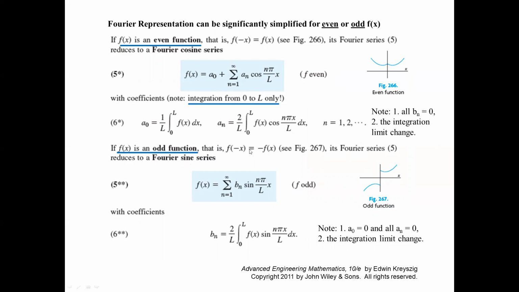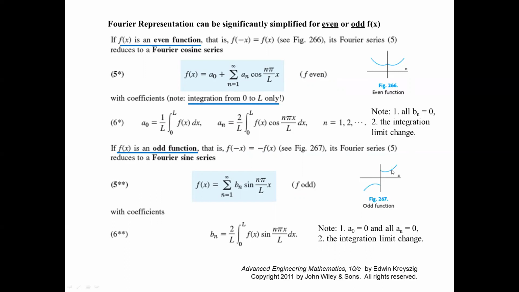For an odd function, we have this property: f evaluated at minus x equals negative f of x. In its sketch, it's like this, and we can say it's symmetric with respect to the origin.